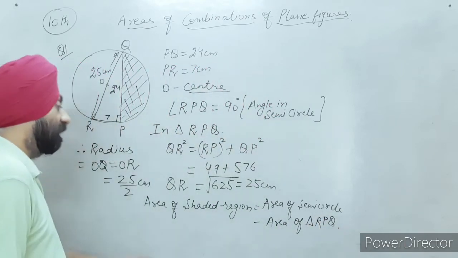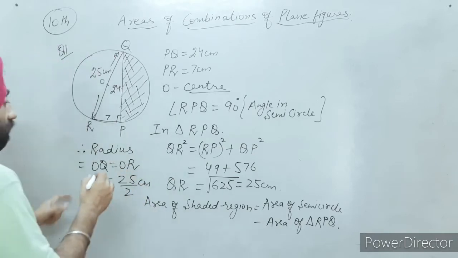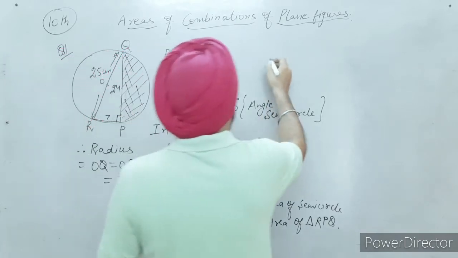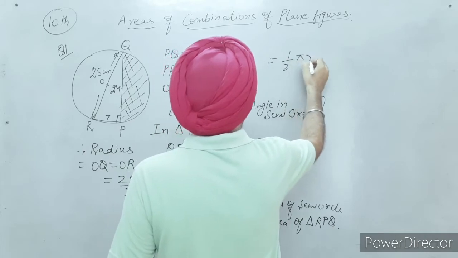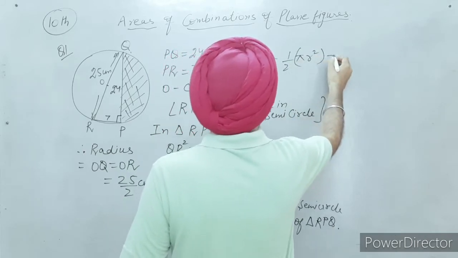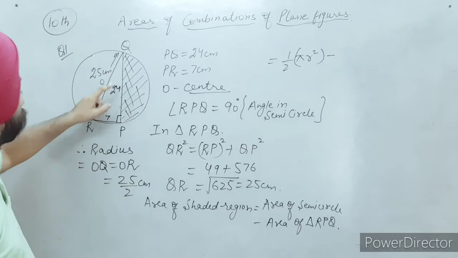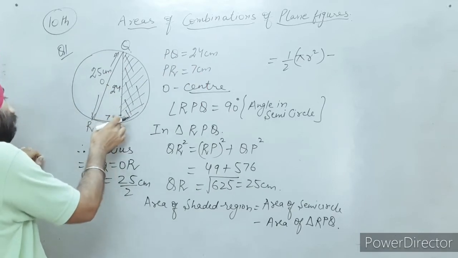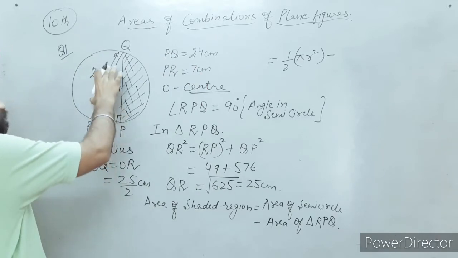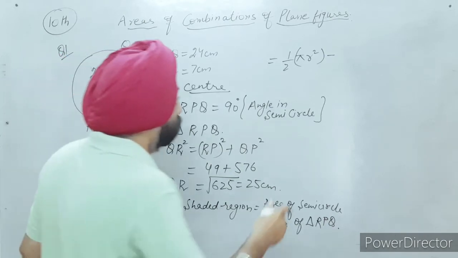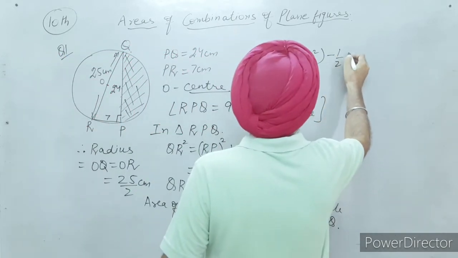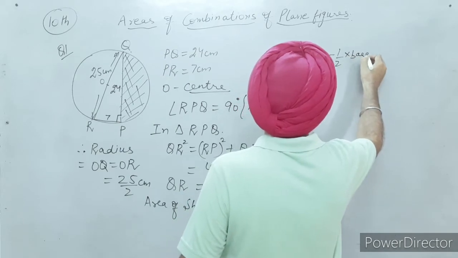Now what is the area of the semicircle? Area of the semicircle is half into pi r square, minus the area of this triangle. This is the 90 degree, this is hypotenuse, this is perpendicular and the base is given to us. That is half into base into height.